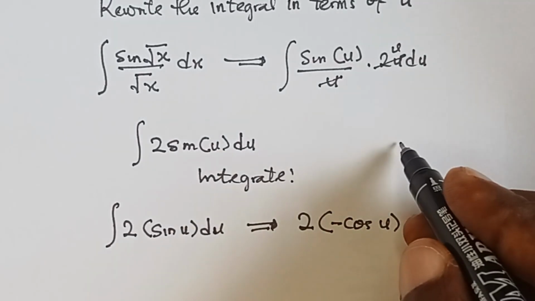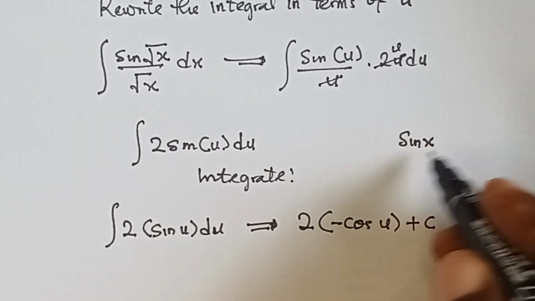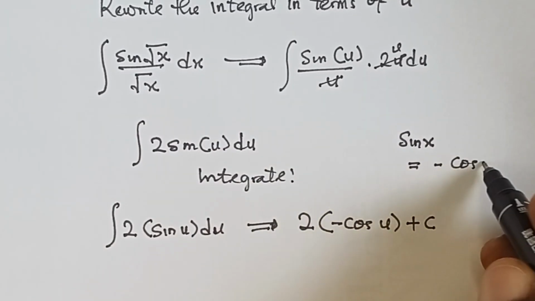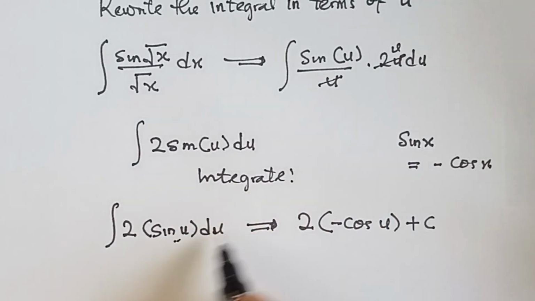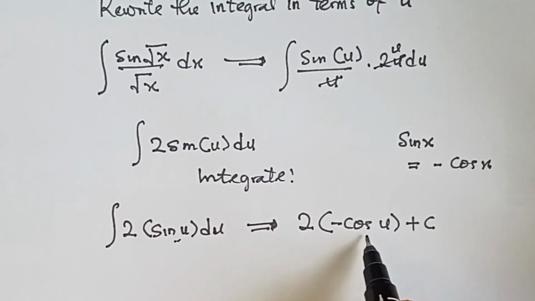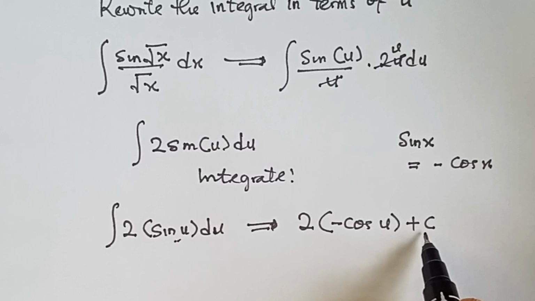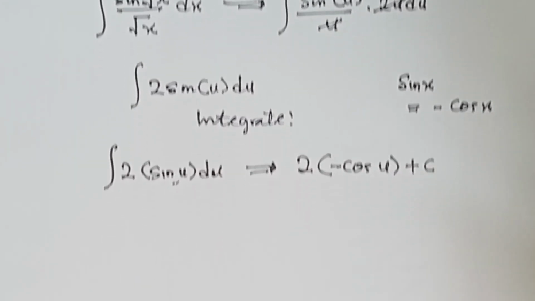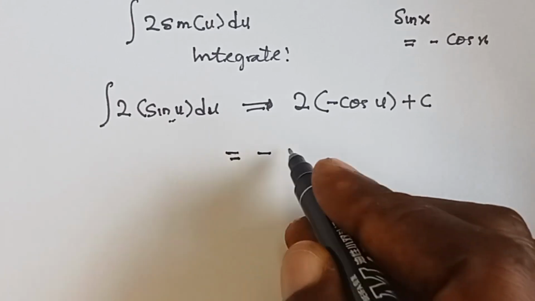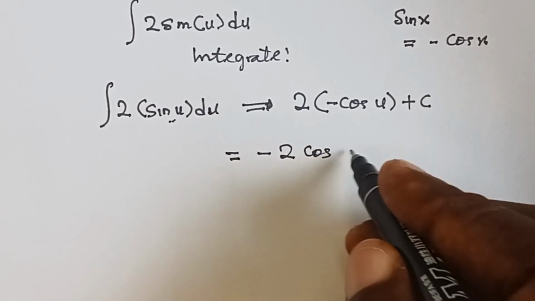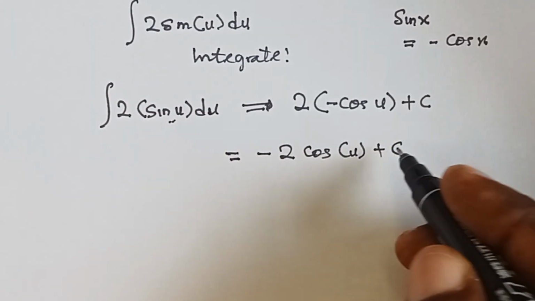Right, remember that when you integrate sine x, it gives what? Minus cos x. And then here we have sine u, so if you integrate sine u, it becomes minus cos u, and then of course your constant. So if you multiply that, we can write this to be minus 2 cos u plus c.